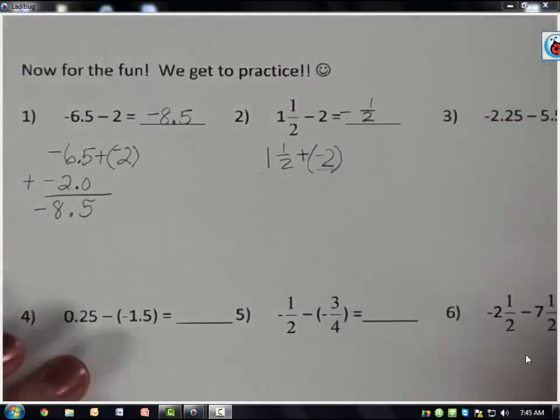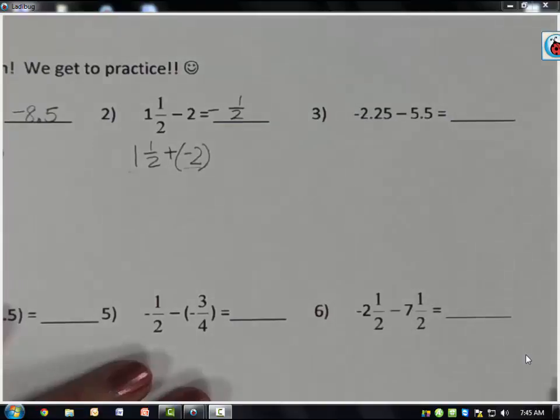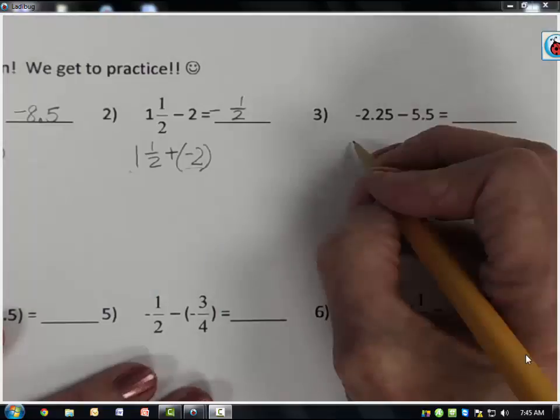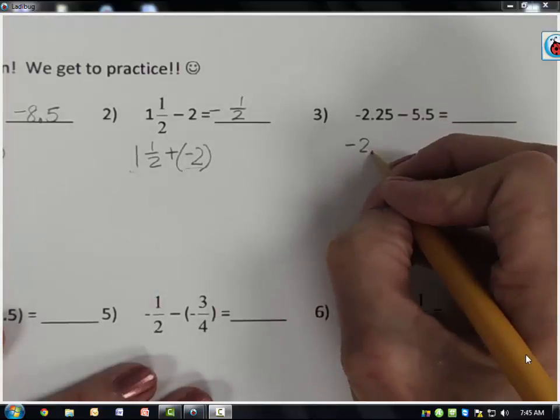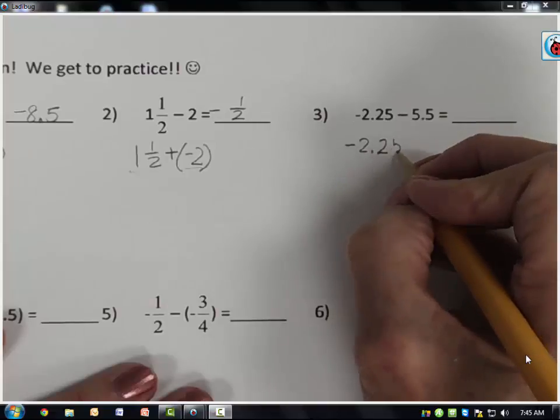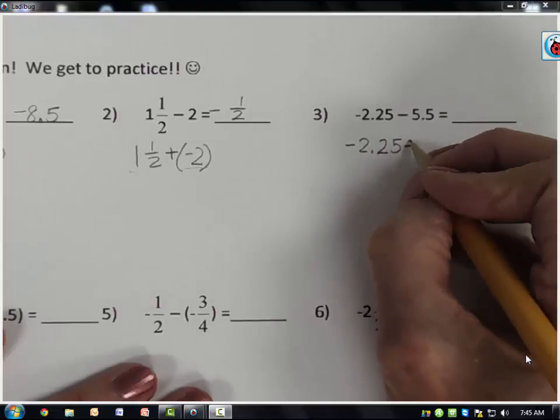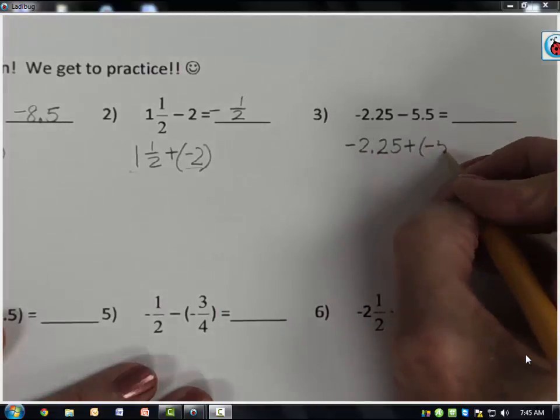Number 3. Pause for a minute and rewrite that, and then go ahead and line up the decimals and do your problem. Okay, when you rewrote it, negative 2.25 plus negative 5 and 5/10.